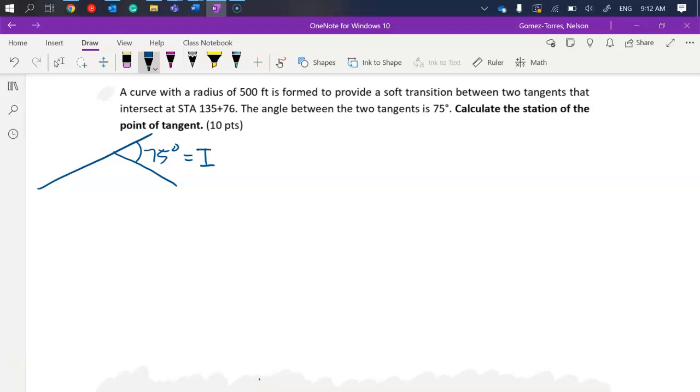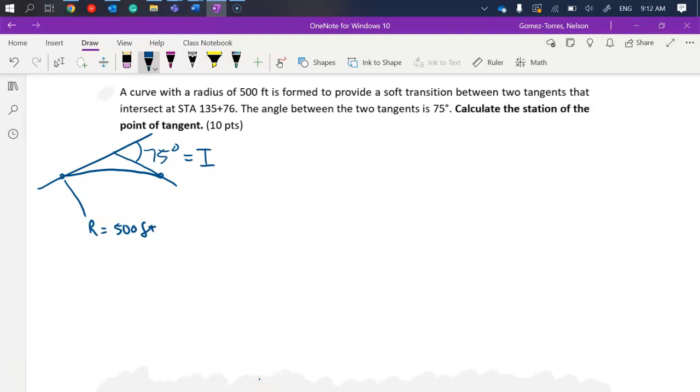The other piece of information that is given to us is the radius. It says that the radius is 500 feet. That's great. So let's draw it here, and let's say that the radius equals 500 feet, straight down.